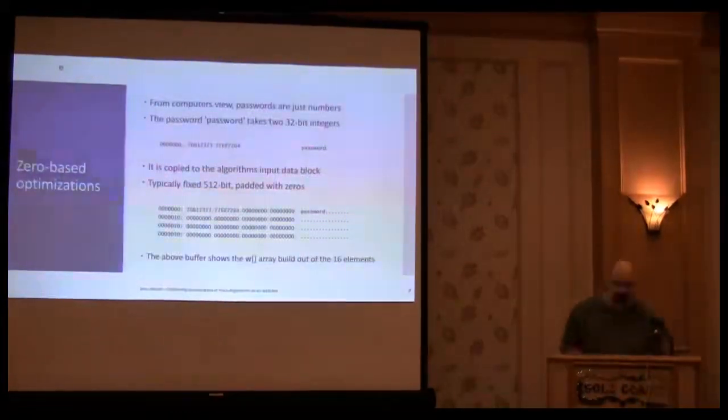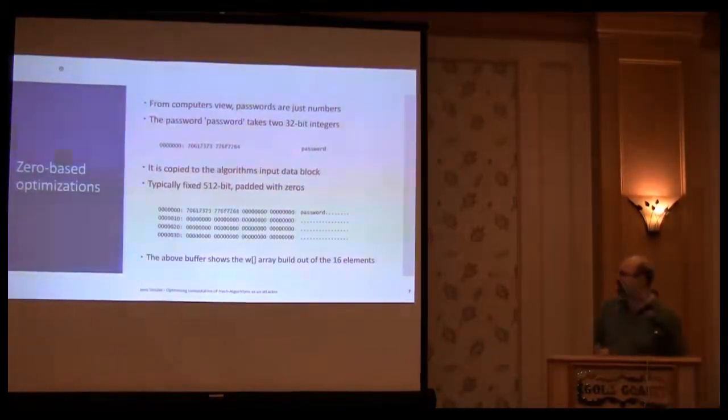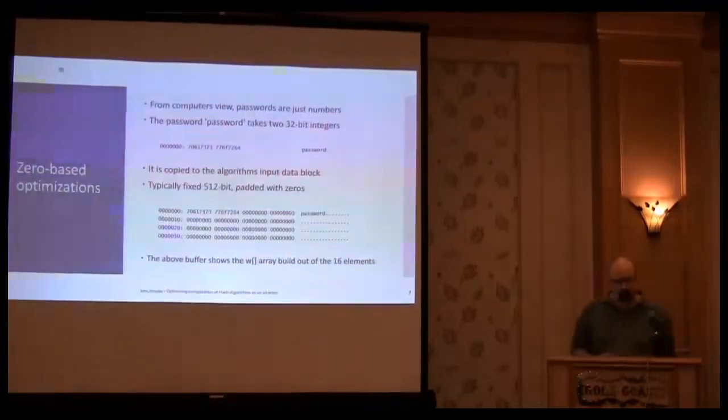So, the computer's view on passwords is very simple. The word "password", for example, takes two 32-bit integers from the computer's view, but hashing algorithms work block-wise. Typically on 32-bit algorithms, you have a 512-bit block, and inside that block you have placed the password.